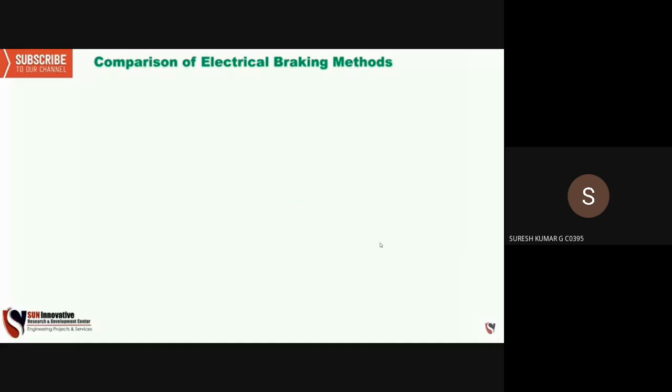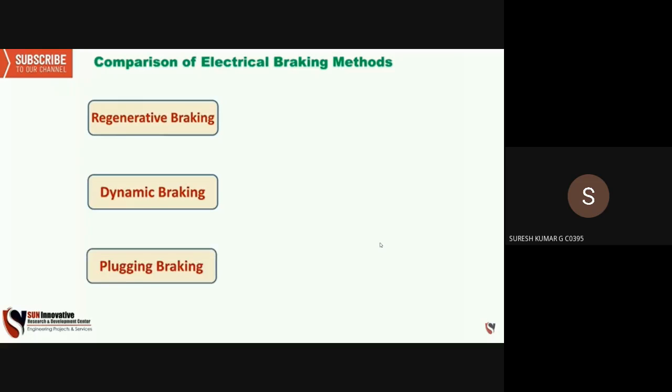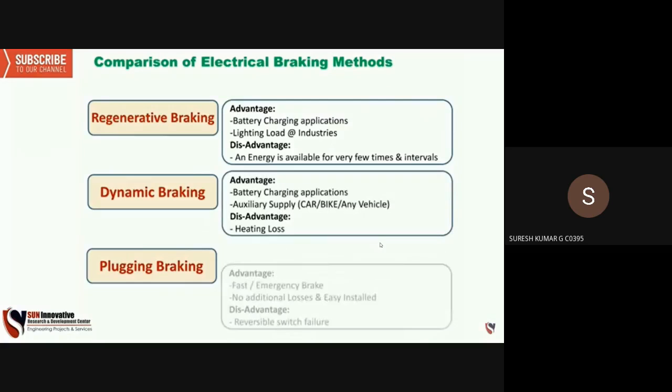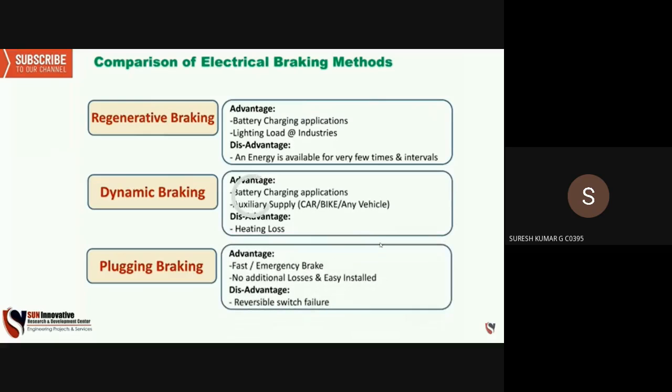Now this is the comparison of electrical braking: regenerative braking, dynamic braking, and plugging braking. This shows the advantages of all the brakings, and we can see that the advantages and disadvantages vary according to the different types of methods.